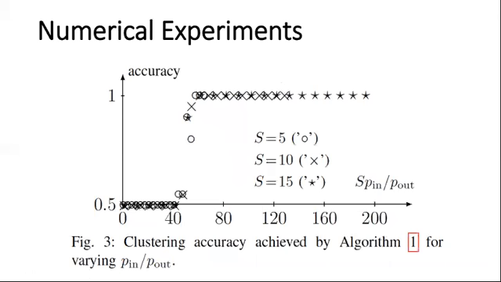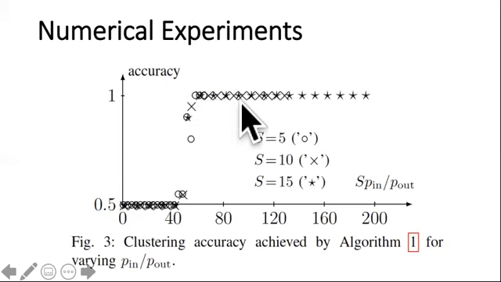This condition, or the insight that this is the relevant quantity, is also confirmed by numerical experiments, where we plot the accuracy, as the fraction of correctly labeled nodes, as a function of this product of the number of labeled nodes per block, S, times the ratio of the probabilities. And we clearly see here a phase transition.